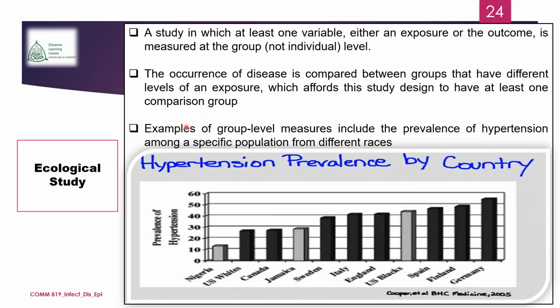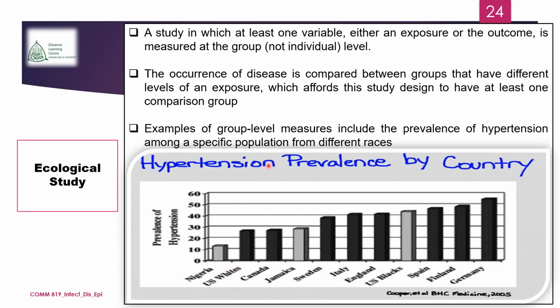At least one comparison group, which means it can have several comparison groups. An example of a group level measure includes the prevalence of hypertension among a specific population from different races. This is one of the favorite examples of ecological study, where they try to associate hypertension prevalence by different countries.